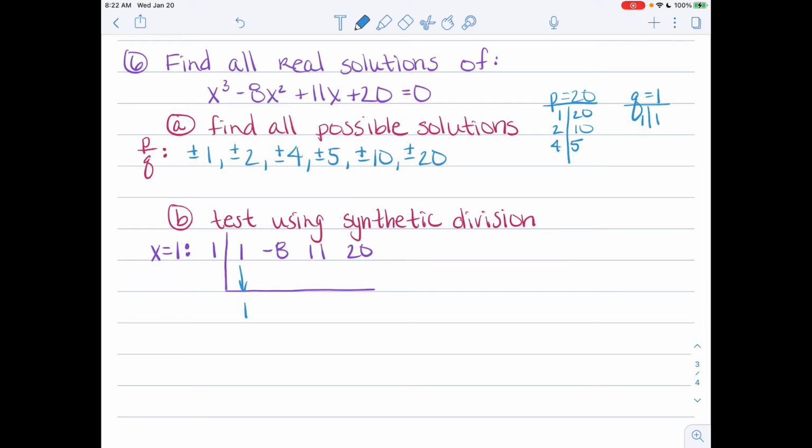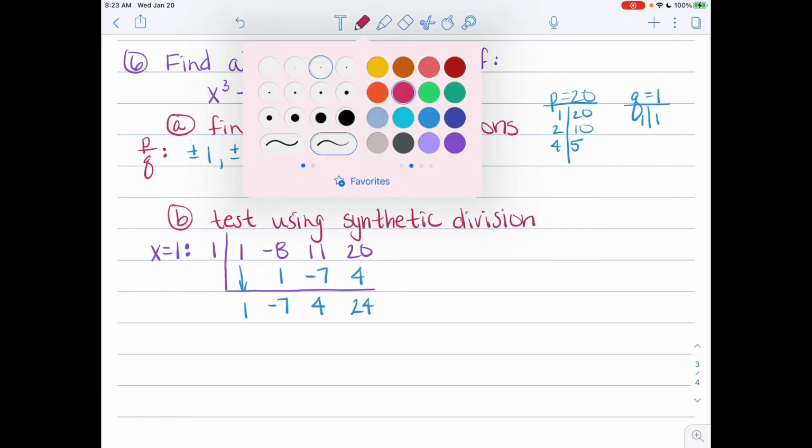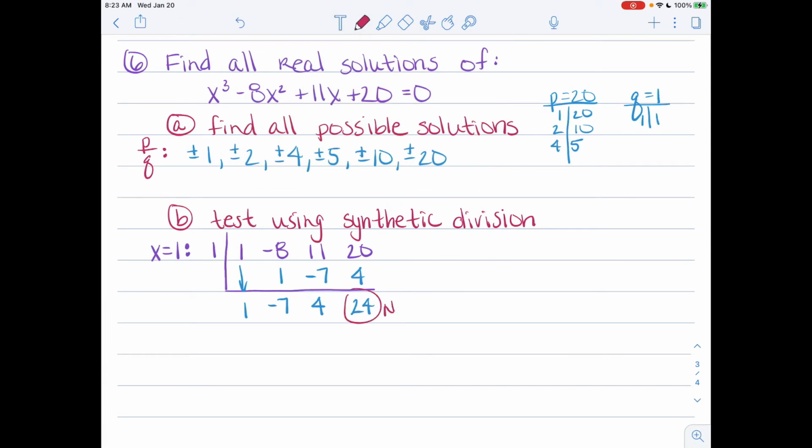I'm not going through every step. Bring down the 1, multiply by 1 to get 1. Negative 8 plus 1 is negative 7. Multiply again to get negative 7, which adds to 4. And then 4 and 20 adds to be 24. Well, 24 is not 0, so this is a no.